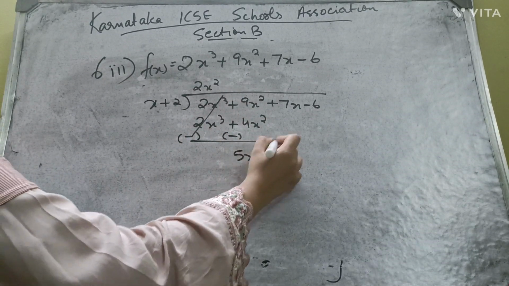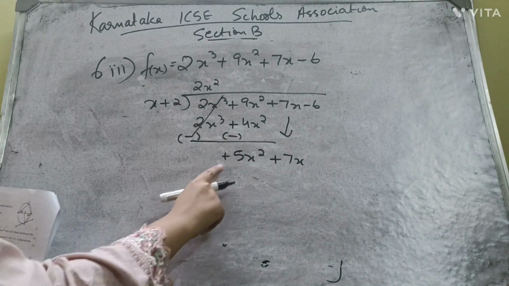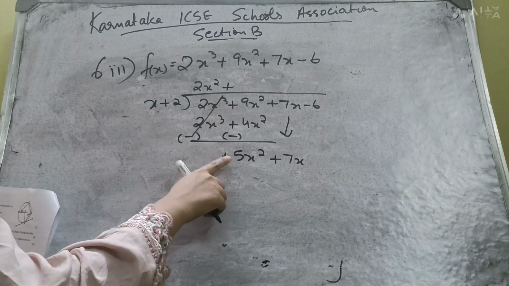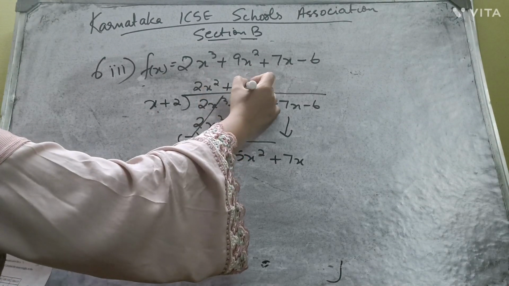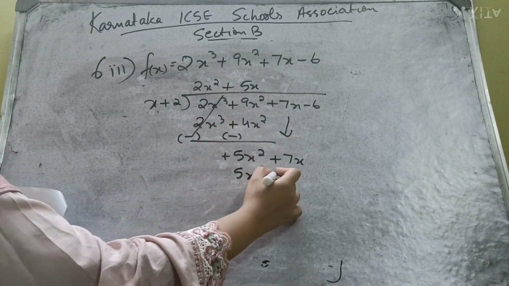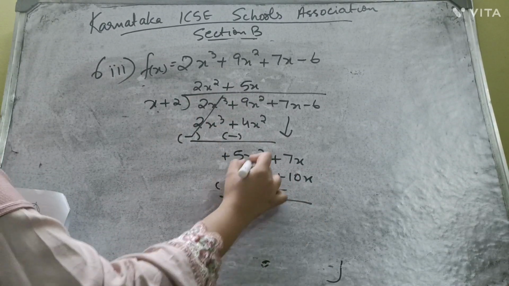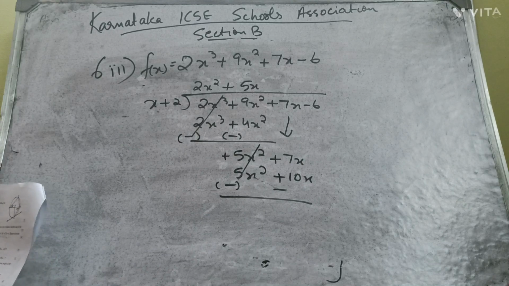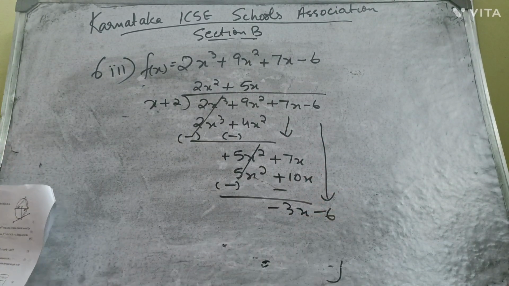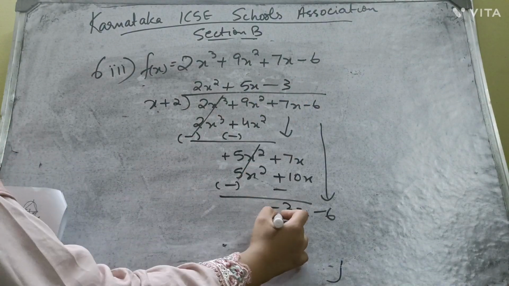Change the signs, cancel this out. 9 minus 4 is 5x square. Bring down the next term along with the sign. Whatever sign you have here, put the same sign on top. x into 5x gives us 5x square, plus 2 into 5 is plus 10x. Change the signs again. This gets cancelled. So 7 minus 10 is going to be minus 3x. Bring down the minus 6.